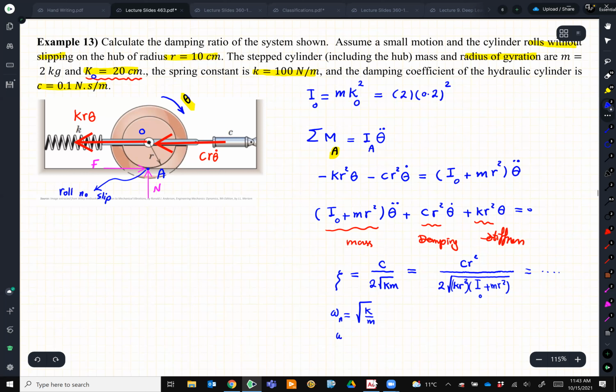If you'd like to know the damped frequency of the system, you know how to find it. Right. Question? Yes, please.